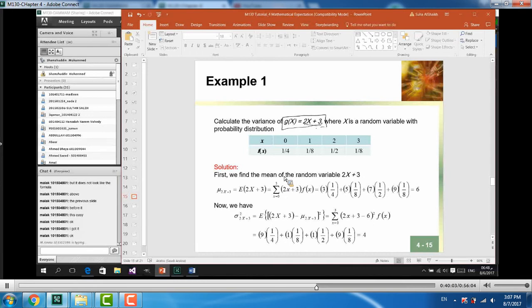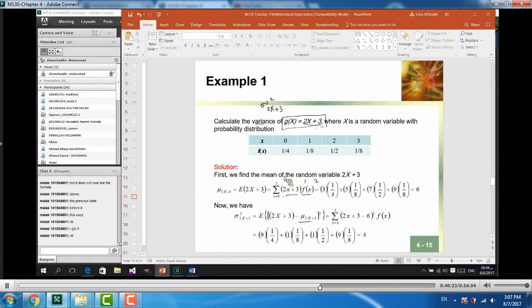Now using the rule, I will need the mu. So find the mu of 2x plus 3. It's the expectation of 2x plus 3. It is 2x plus 3 multiplied with fx. The x's are 0, 1, 2, and 3. At the 0, 2x plus 3 is 3. At the 1, it is 2 plus 3, it's a 5.